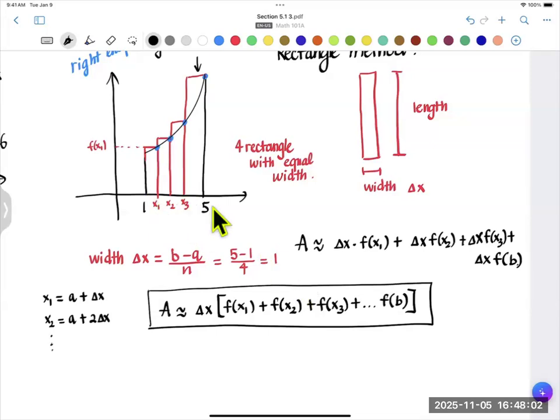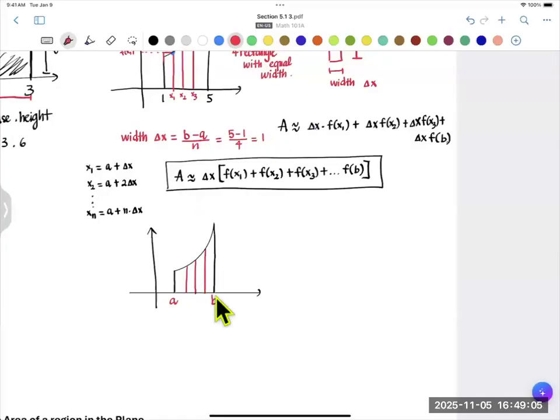So in total xn will be a plus n times delta x. Okay, so this is how you find x. Or the other way you can do it, you keep adding 1, the delta x, to the value after your addition. So you're going to have 1 plus 1 is 2, 2 plus 1 is 3, 4, and 5. Okay, so this is how you do it. This is just an explanation. When you look at the problem, it will be clearer.